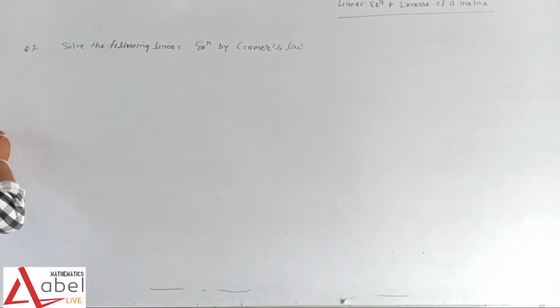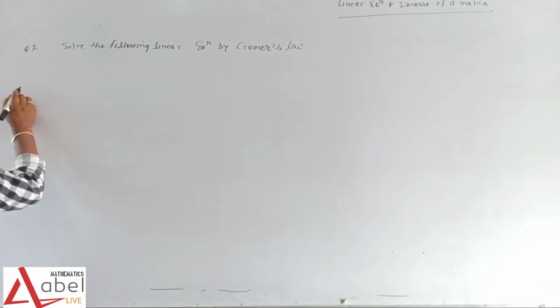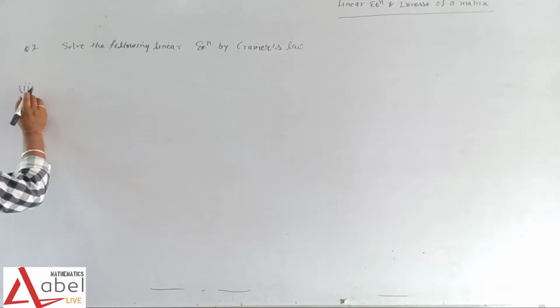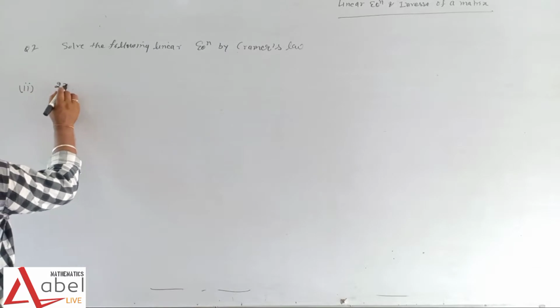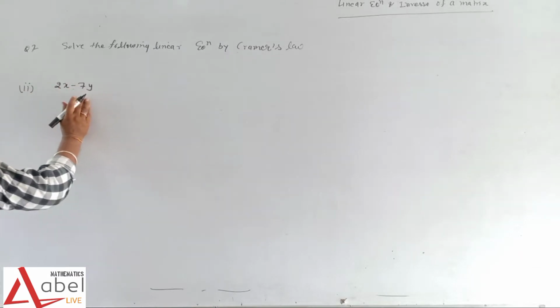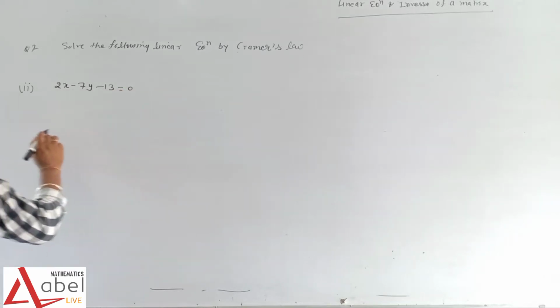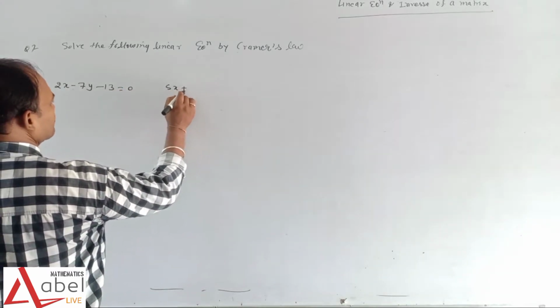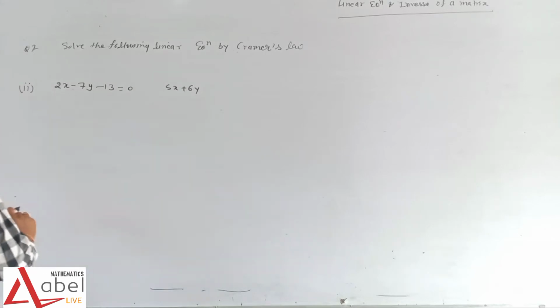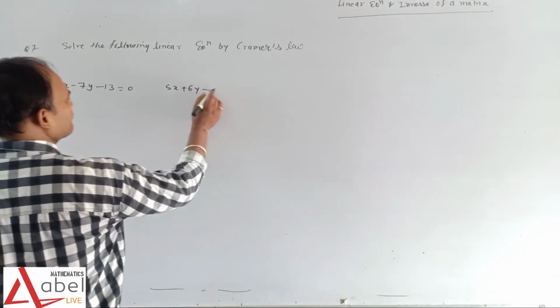It looks the same, but I think only the calculation is different, so you can solve this yourself also. It is 2x minus 7y minus 13 equal 0, and 5x plus 6y minus 9 equal 0.